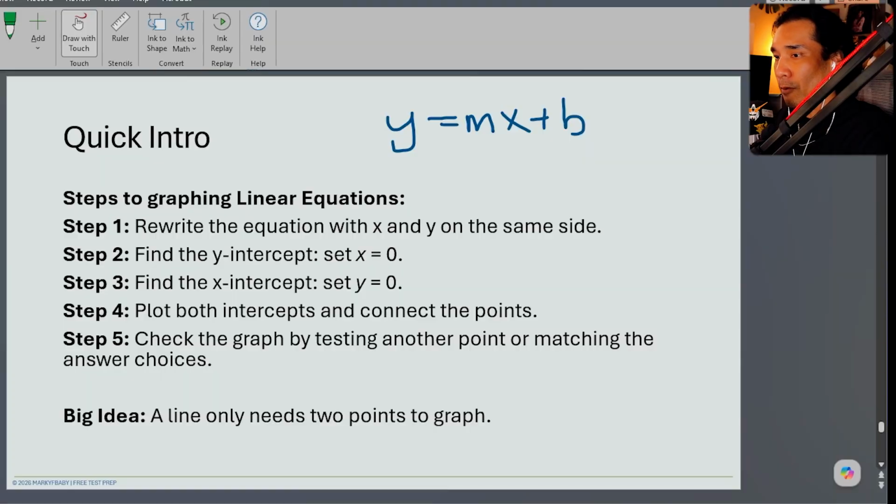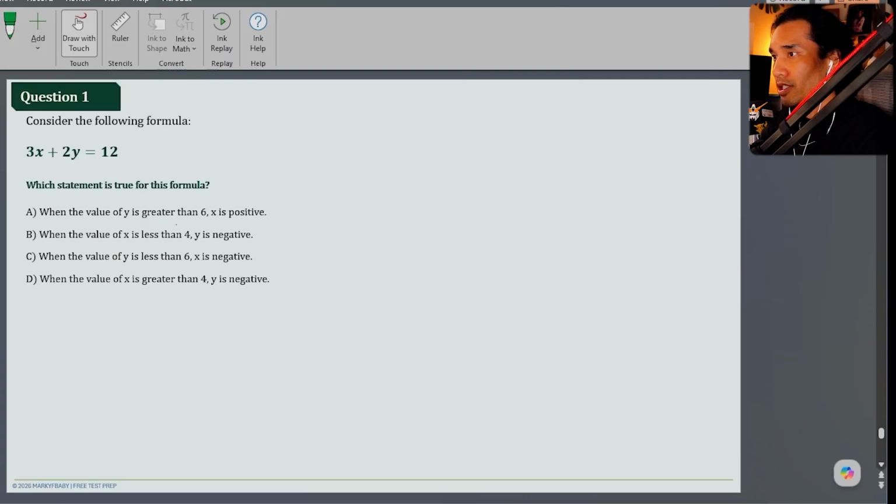There are many methods to solving these questions, and you could just plug in some points, but right now we're going to go with graphing to get the concept of graphing down, because somebody might like to graph instead of plugging in points. Everyone has their method. So let's go on with the questions.